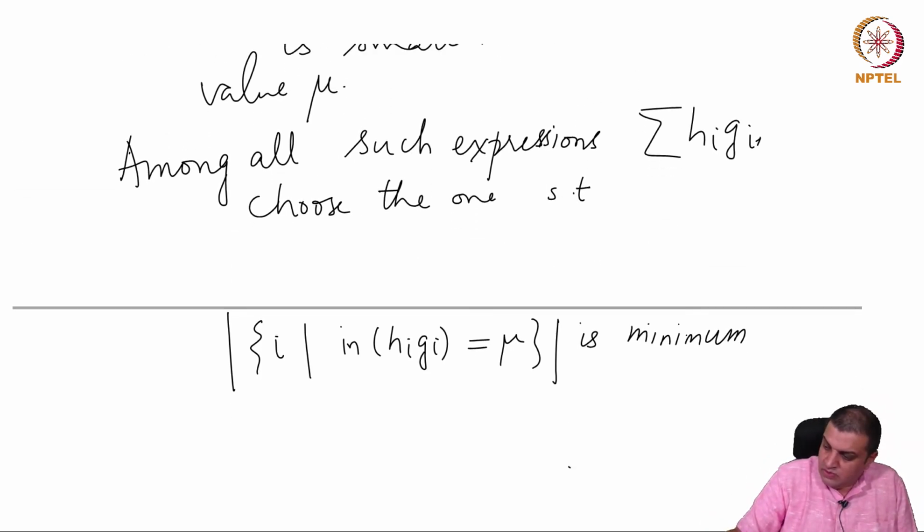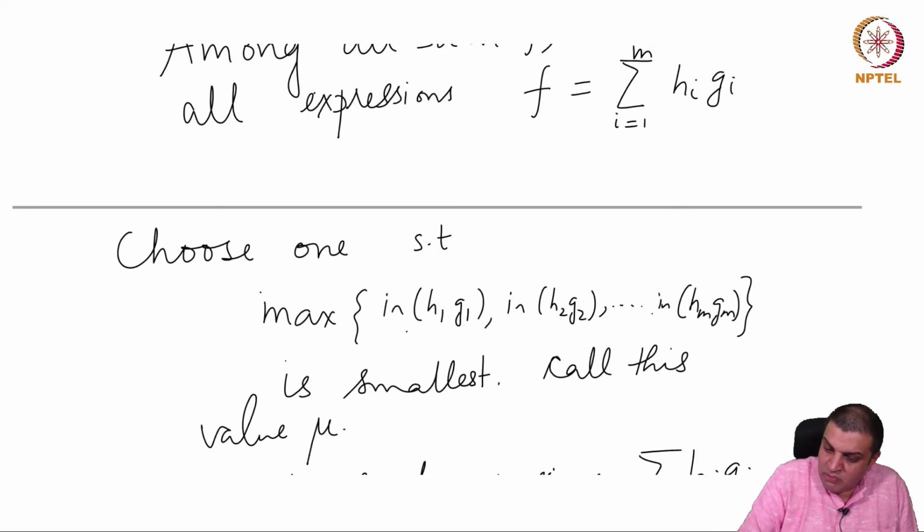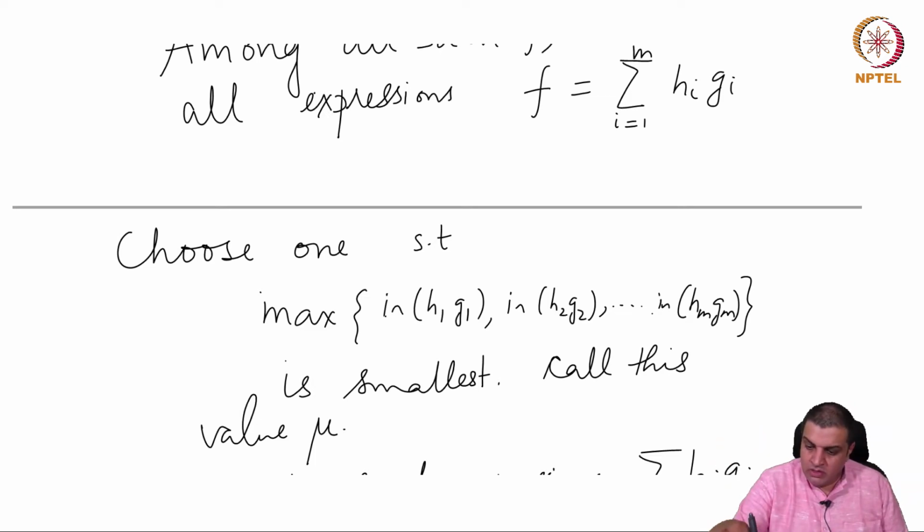Okay. So, what is the relation between the maximum of the initial terms of HIGI and F? The sum HIGI gives F. So the initial term of F is less than or equal to the maximum of the initial terms of the sum. There may be cancellations, but the initial term of the sum cannot be greater than the initial term of every one of these things.